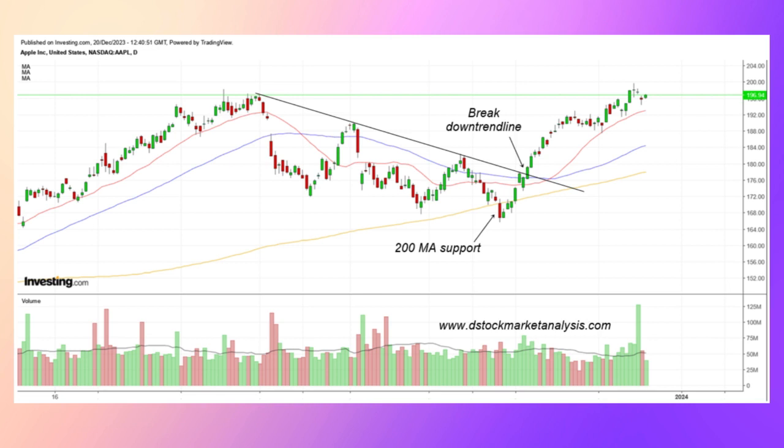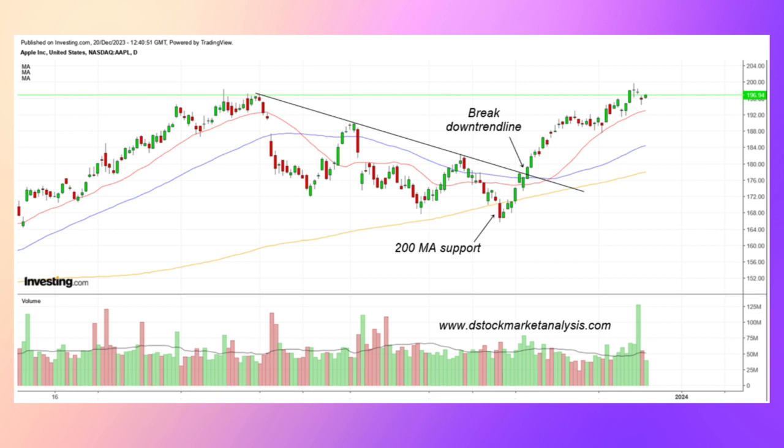And here we can also see that the stock actually broke a downtrend line. When a stock breaks a downtrend line, it is a sign of a reversal of a trend. From here all the way down, it corrected to the 200 MA, but the moment it breaks a downtrend line, it's actually a change from a bearish trend to a bullish trend.